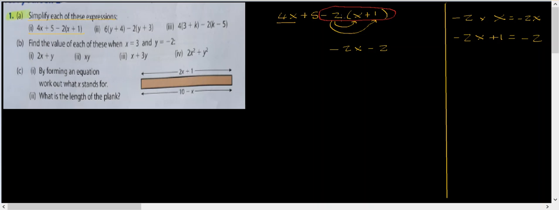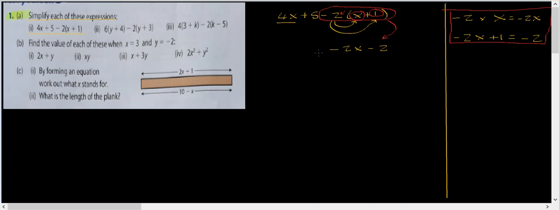In order to remove the bracket, you have to multiply this term by everything on the inside of the bracket. And what we've done then is we've written down our answers, and these are the workings out of each of those parts. Okay, so that's the first part. Then we can bring down the other parts that we have there.